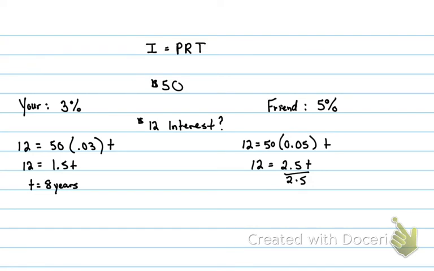When you divide 12 by 2.5, your time is 4.8 years. That's definitely better. Now, 0.8 of a year is technically 4/5 of a year, but we don't have to figure out how many months. Clearly, your friend made the better investment.